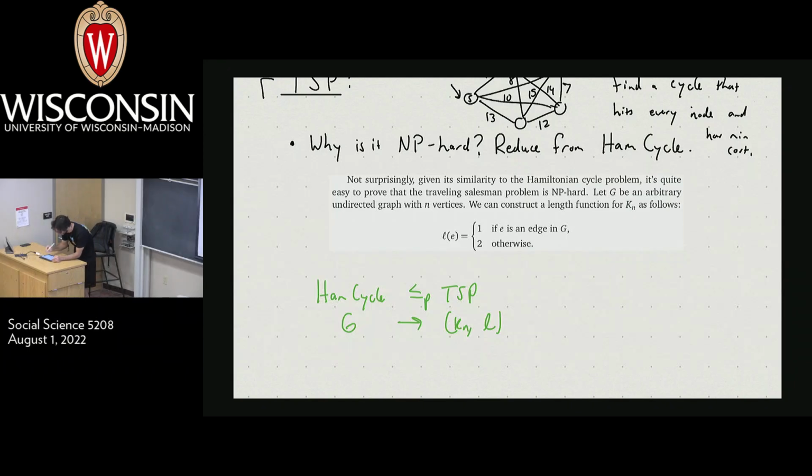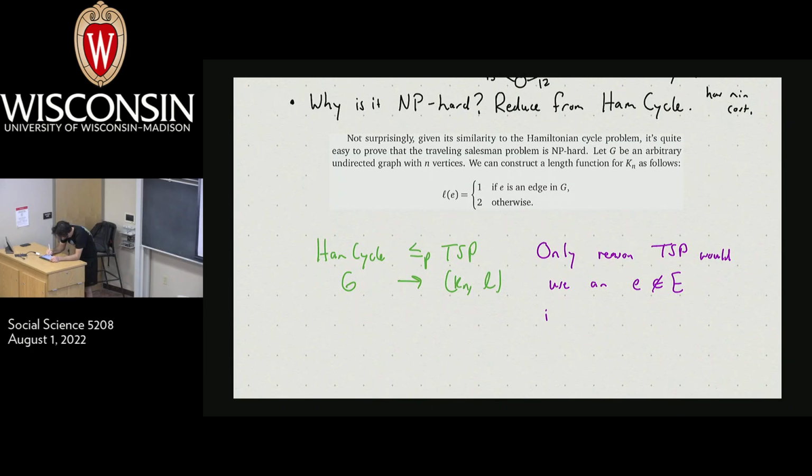So just to write that out, the only reason TSP would use an edge not in the edges of the original graph is if no Ham cycle exists.